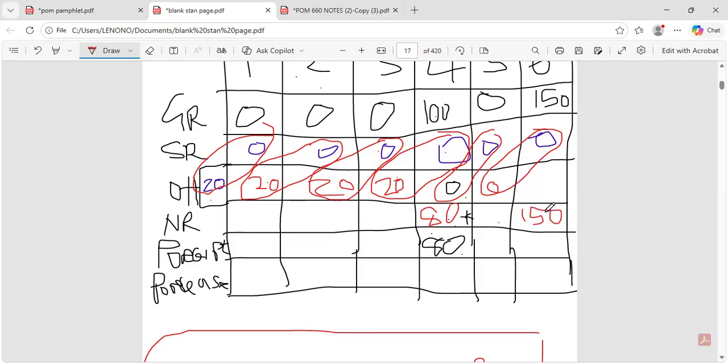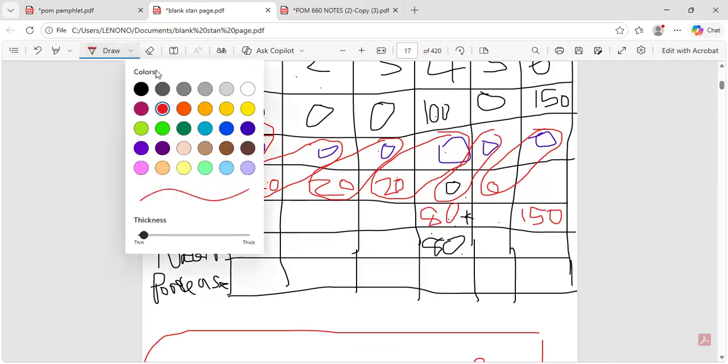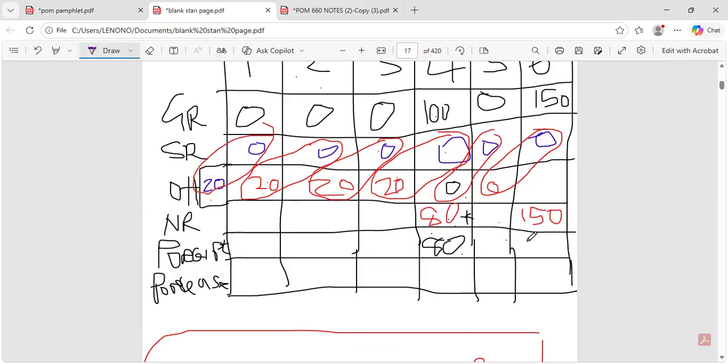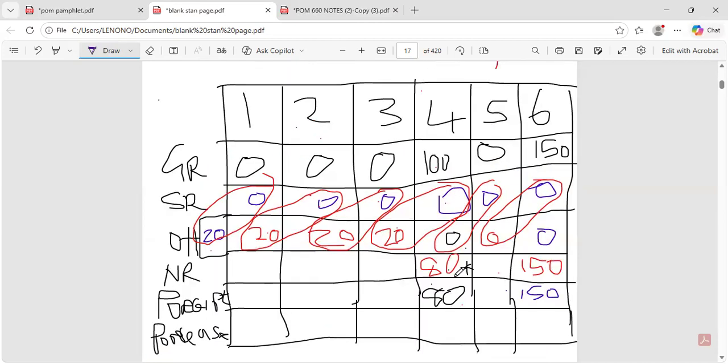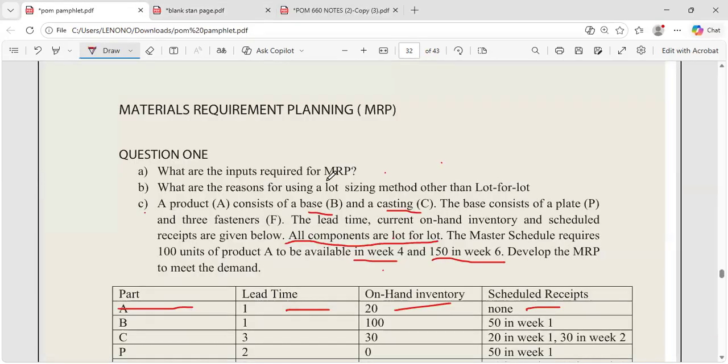So in this same week, you should order the same 150. As you order the same 150 here, you clear this problem. You remain with a 0. So for you to have the order receipt of 8 in week 4, what happened? You check the lead time. What was the lead time for A?